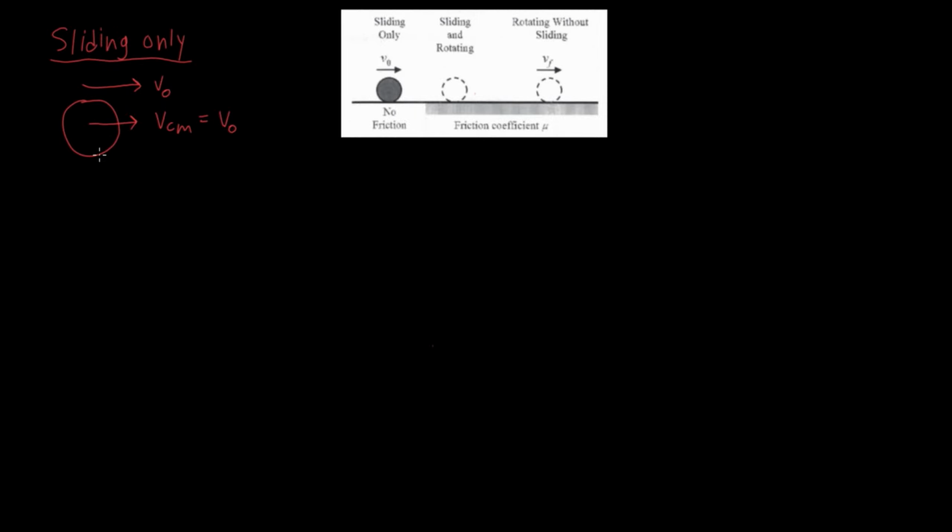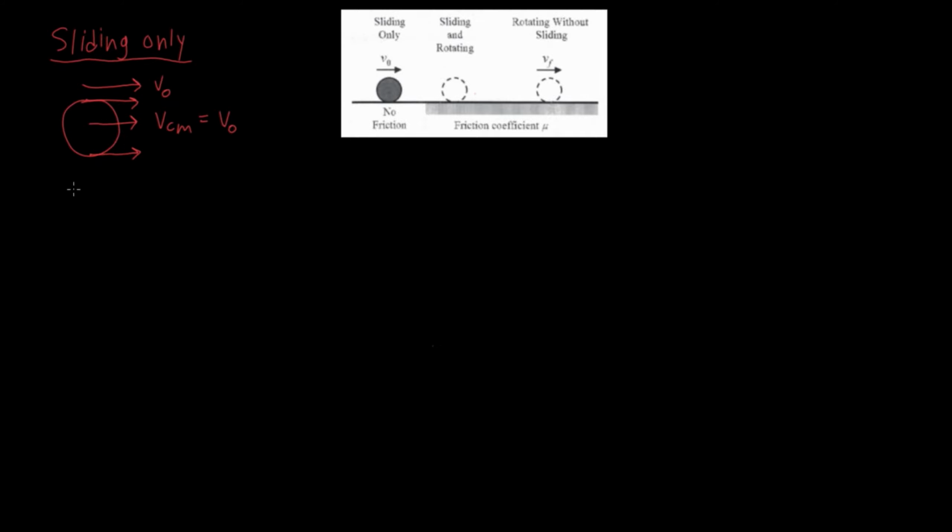So every point on the object's surface travels at the same initial velocity. The point on the bottom of the object also travels at the same initial velocity, and the point at the top also travels at the same initial velocity, and so does any other point on the object.